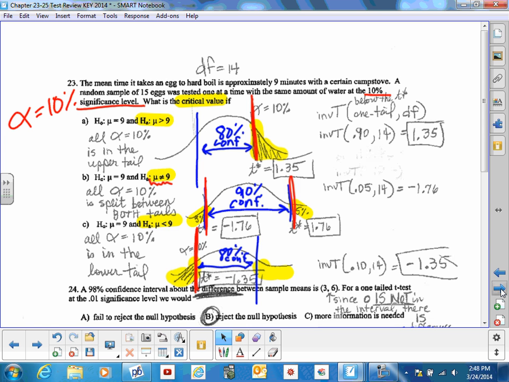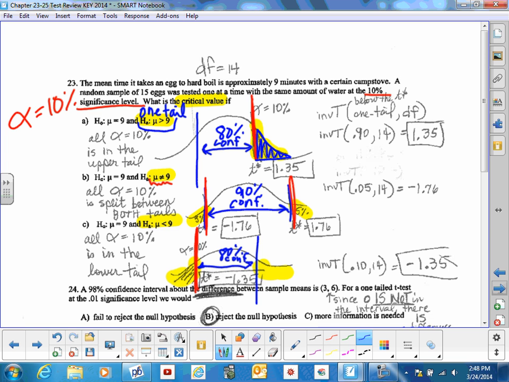Okay, this one is saying that the sample size is 15, so our degrees of freedom is 14, and the alpha is 10%. So the key to these problems is the tails. Since this is indicating 1 tail, then I know that the entire 10% is located in this upper tail.